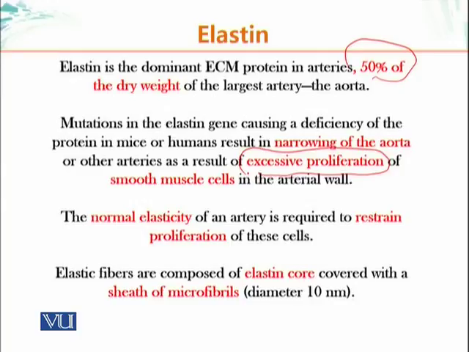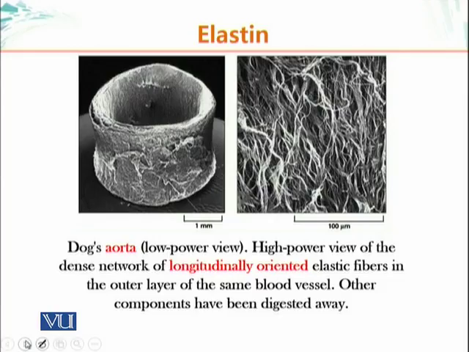Elastic fibers are composed of an elastin core, which is covered with a sheath of microfibrils which have a diameter of about 10 nanometers. Here you can see a scanning electron micrograph of a dog's aorta. This is a low power view.